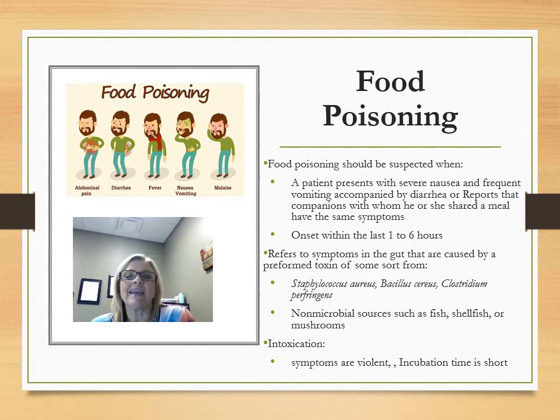Now, an intoxication, your symptoms are going to be very violent, severe, and the incubation time will be very short. Then you would suspect that you have an intoxication. And some strains of things like Staph aureus can cause a common food intoxication because they produce an enterotoxin.